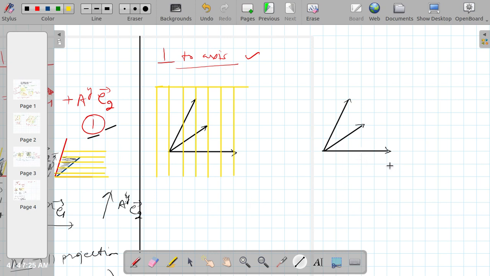And here light rays are coming this way. So here this is an extended source, and light rays are coming perpendicular to this. So things are happening in this manner.